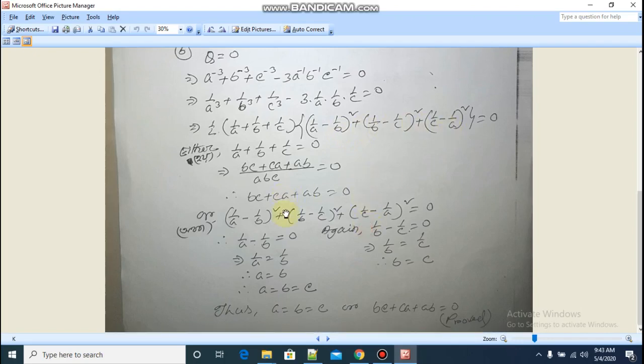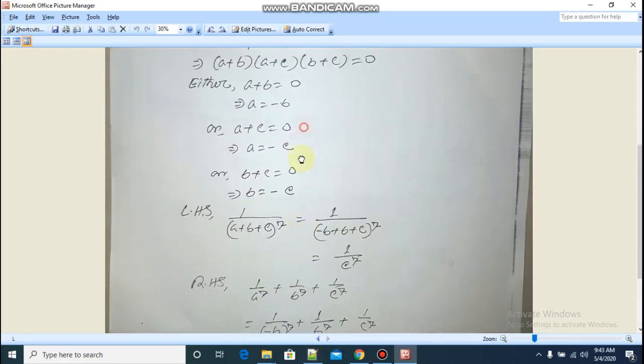If a sum of squares equals 0, then each term is individually 0. That means 1 by a minus 1 by b equals 0. From this we get a equals b. 1 by b minus 1 by c equals 0. From this we get b equals c. So a equals b equals c. Finally, a equals b equals c, or this. Proved.